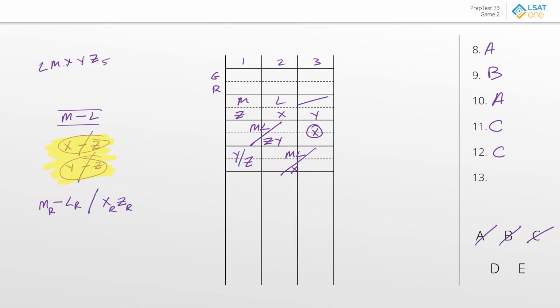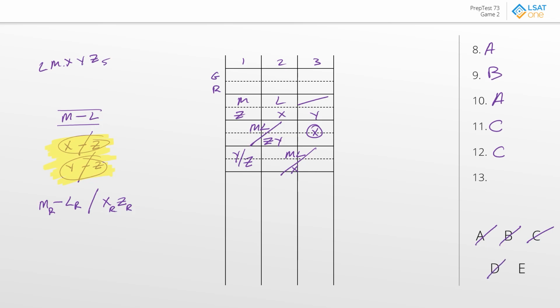So this would not be enough. Even if one of x or y is at 2 o'clock, that would allow one of them to be with z at 2 o'clock, and the other one could still end up before z, which is what we're trying to avoid. So answer choice D, still not good enough.